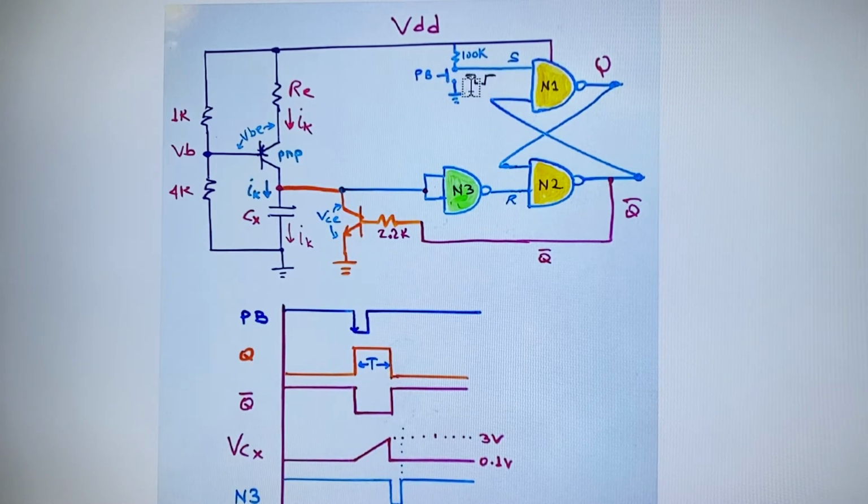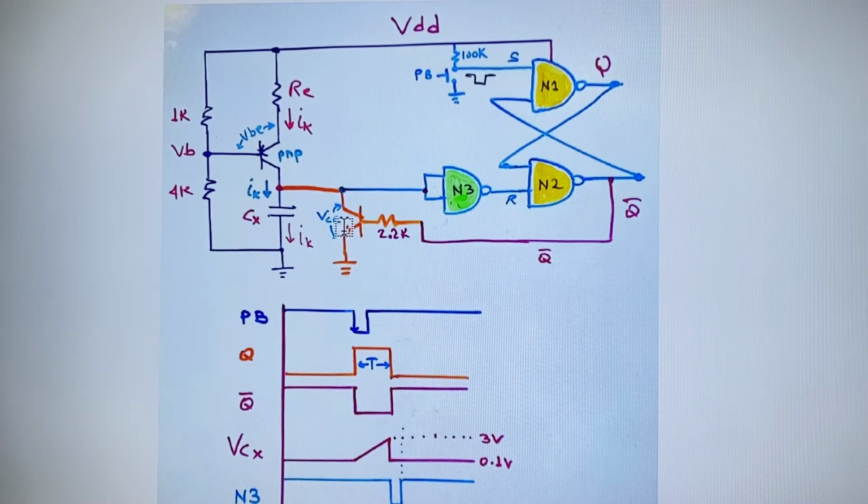And because you have a 1 here, there will be a 1 in the NOT Q. So this transistor is in saturation, and thanks to that, it is in short circuit, so it is grounding this capacitor CX. So the constant current will be applied to this CX, but it will never charge the capacitor, because the current goes directly to ground because of this short circuit.